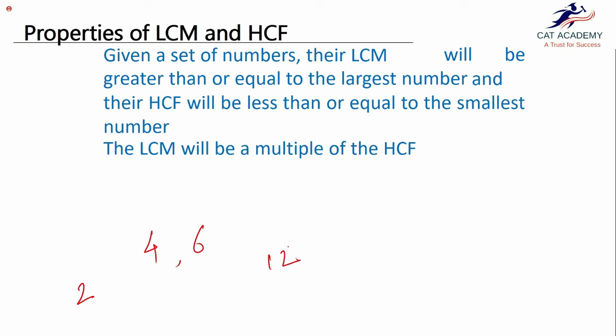So observe, 2 sixes are 12. So LCM will always be a multiple of HCF. Yes, HCF is also called GCD, greatest common divisor, or highest common factor. They are exactly the same thing.